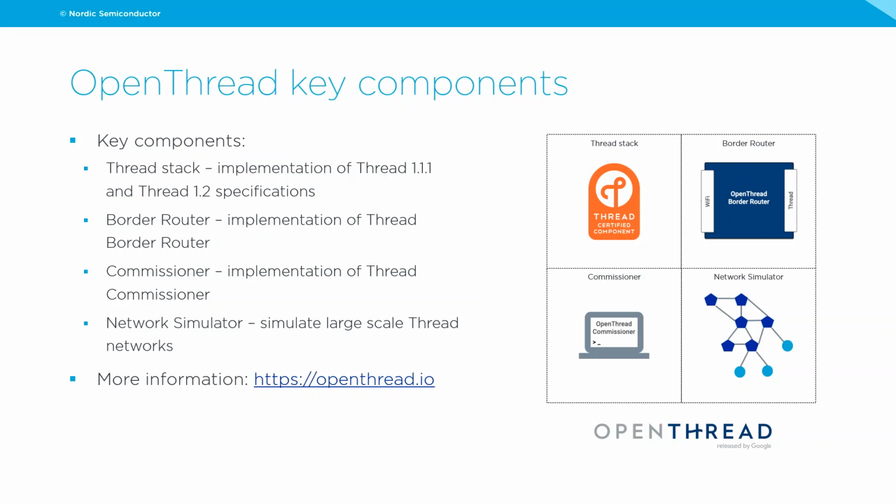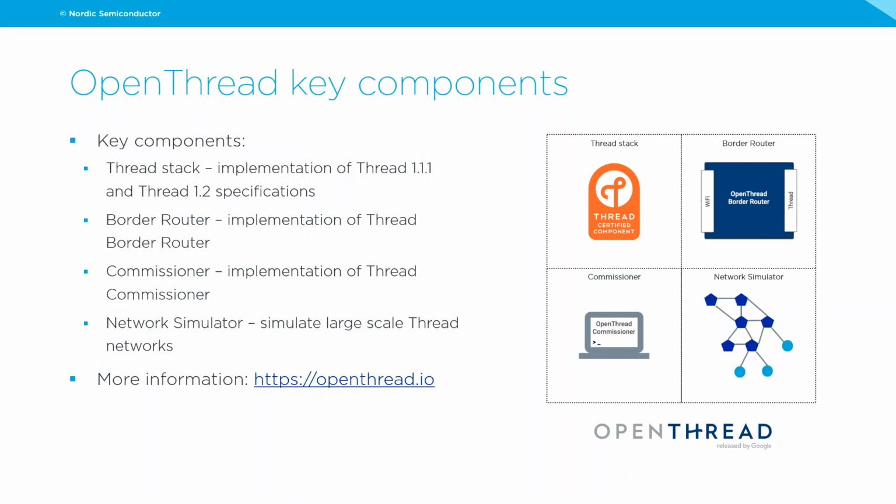So for example, whenever you work on cloud communication or you are a border router designer, you can take advantage of the OpenThread border router implementation. This is a reference Thread border router running on your PC, Mac, Raspberry Pi, or even OpenWRT.